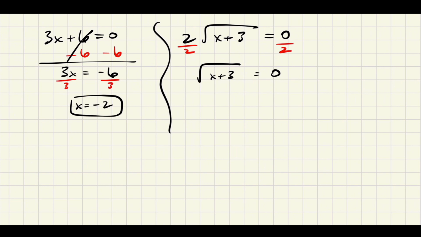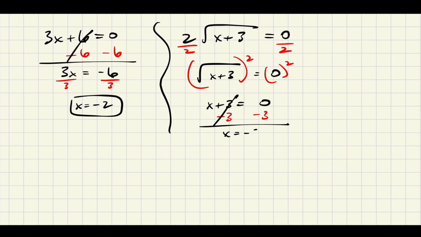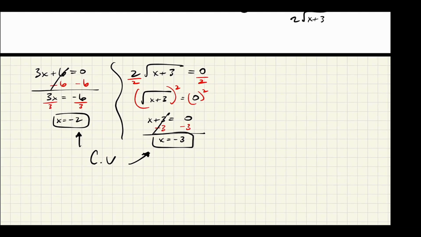So the opposite of a square root is squaring. Once I get rid of the root, I can subtract 3 from both sides. Negative 3. So I get 2 critical values: negative 2 and negative 3.